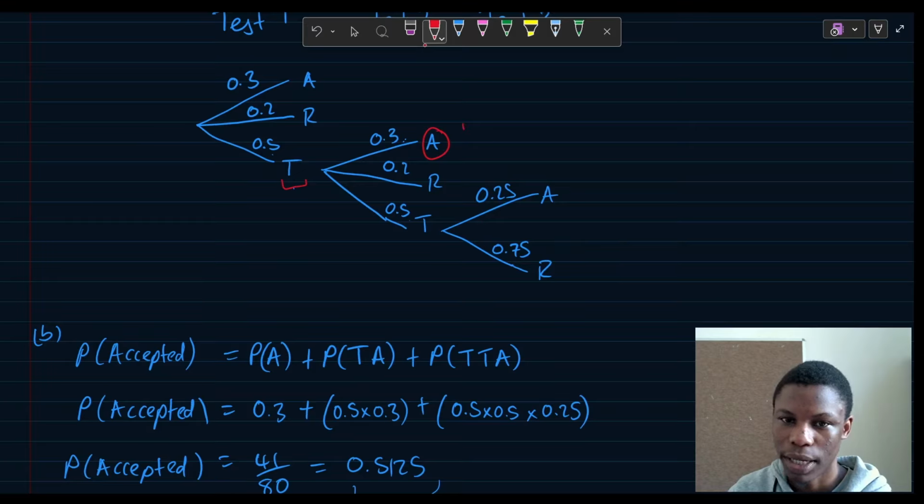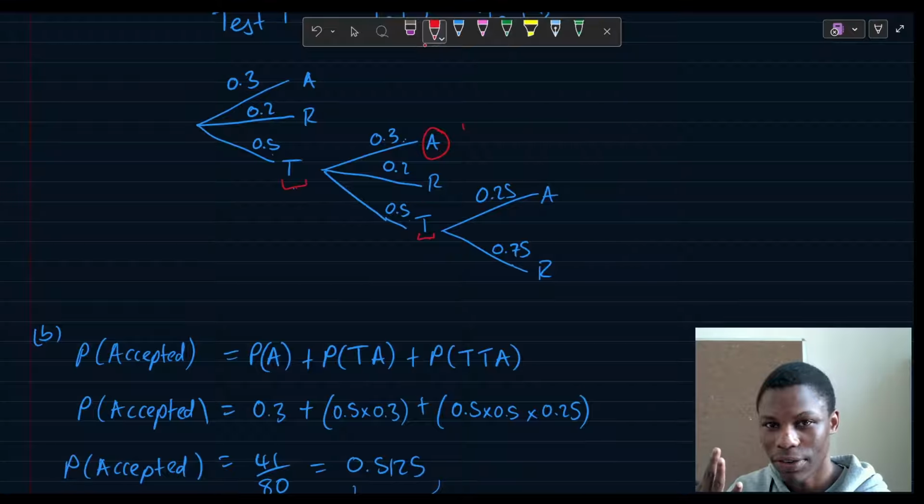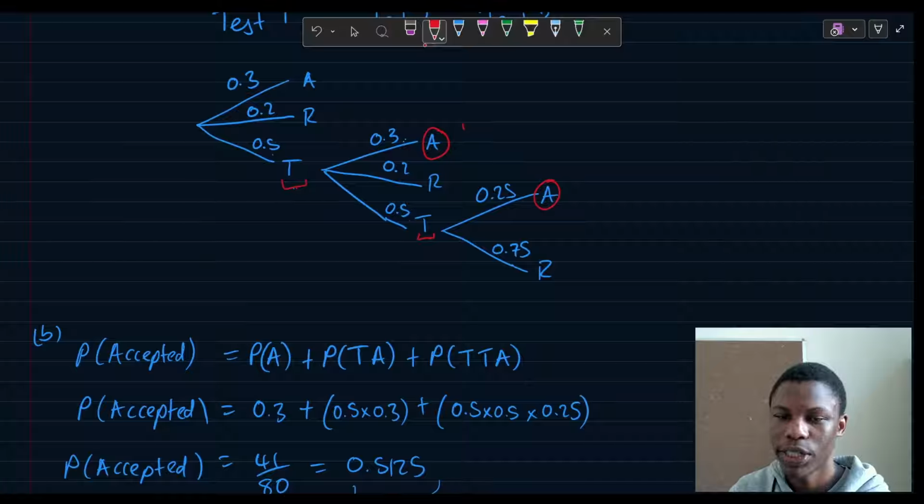That's one way, because I've taken at least 2 tests and I was accepted. Or I take test 1 and I'm told to take another test, then I take test 2 and I'm told to take another test, and then I take test 3. Now I've taken 3 tests and I'm accepted on test 3. So either take 2 tests and get accepted, or take 3 tests and get accepted.